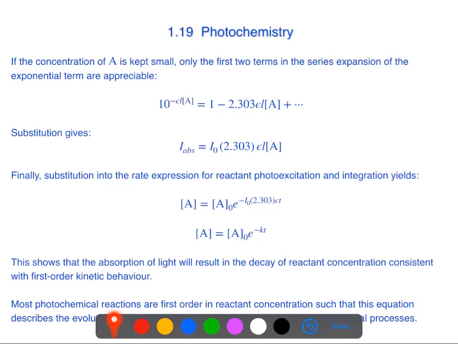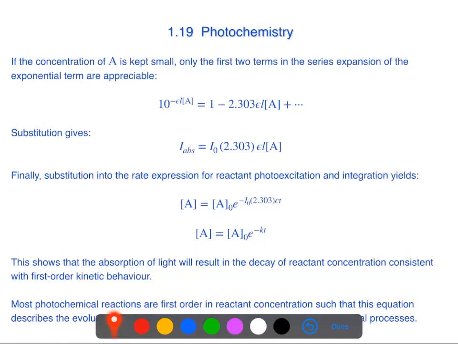Now, if the concentration of A is kept small, only the first two terms in the series expansion of the exponential term are appreciable. So our exponential term can be equated to these two terms, 1 minus 2.303 epsilon L concentration of A. So if we now substitute in for this in our previous expression with these two terms, we end up with the following expression for the intensity of absorbed light.